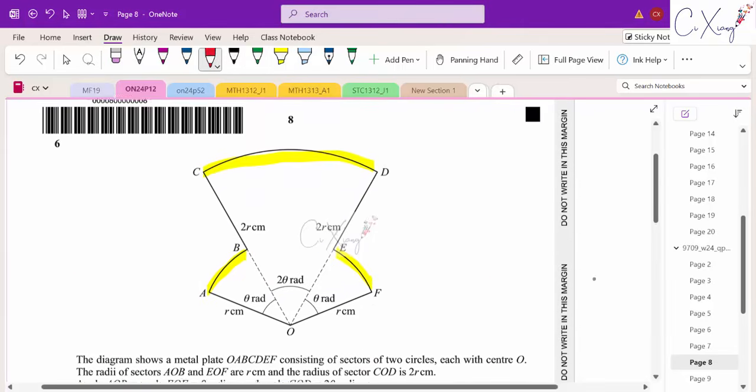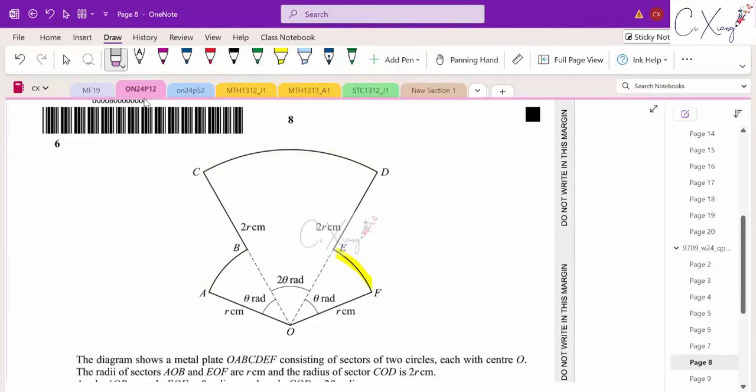I will solve it directly here so that you can refer to the diagram easily. First, the perimeter equals 14, and we need to add all the lengths together.